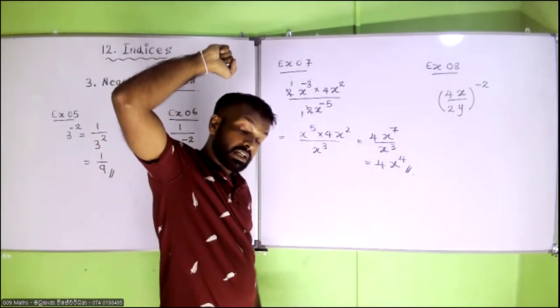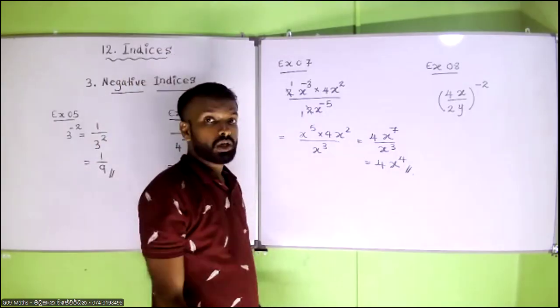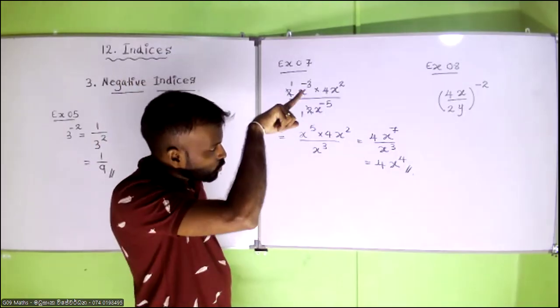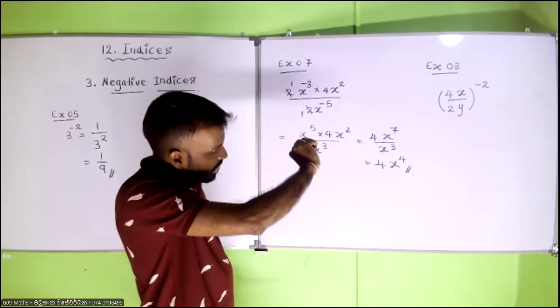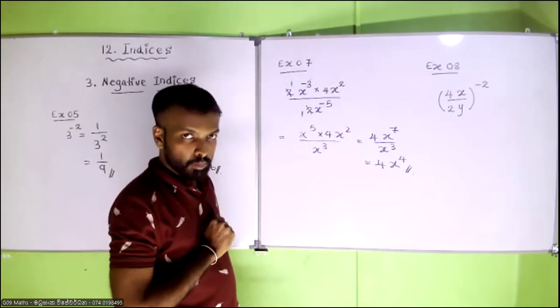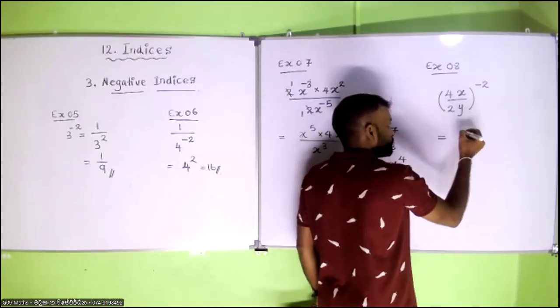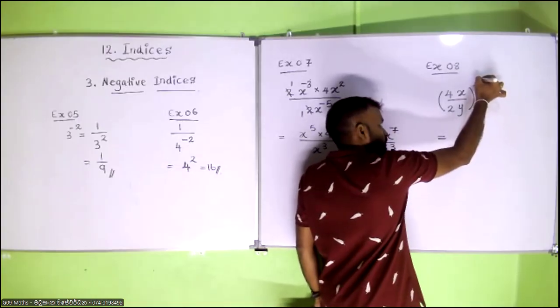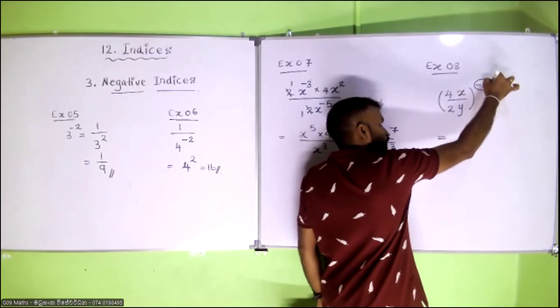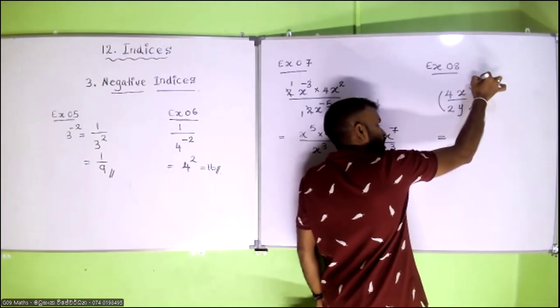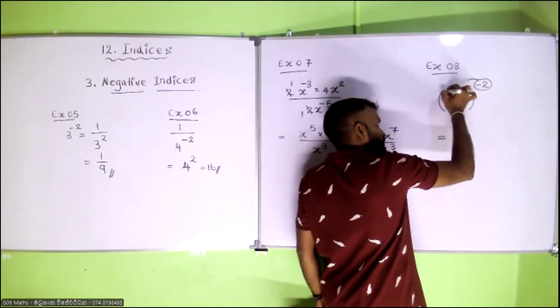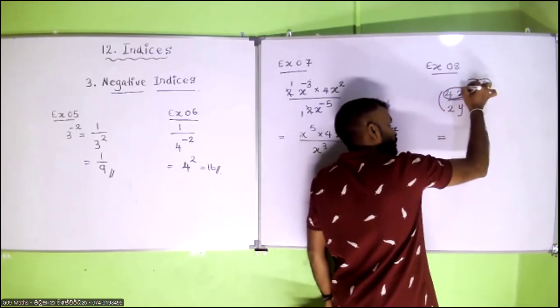And what is that? The thing that we learned earlier, that minus 2 is common for 4x and 2y both. Can you remember? Equal mark. This negative power is common for this 4x. That is the meaning of that.